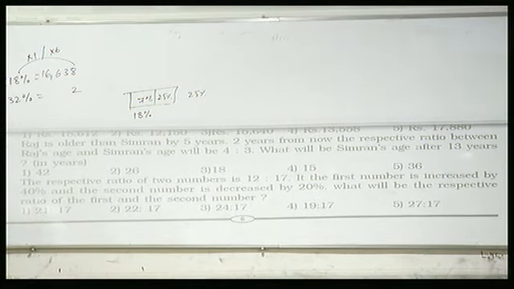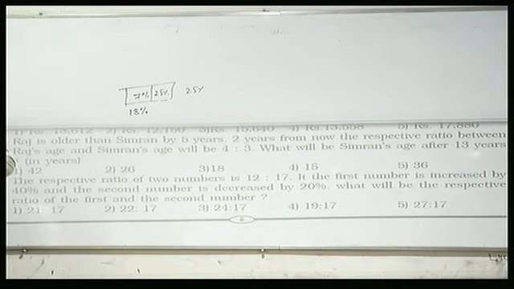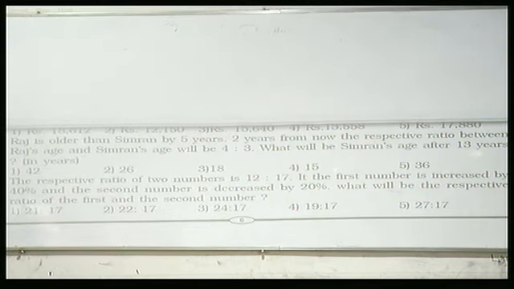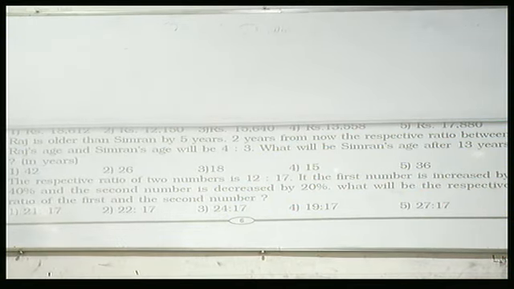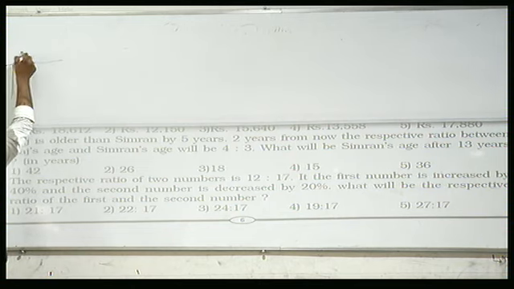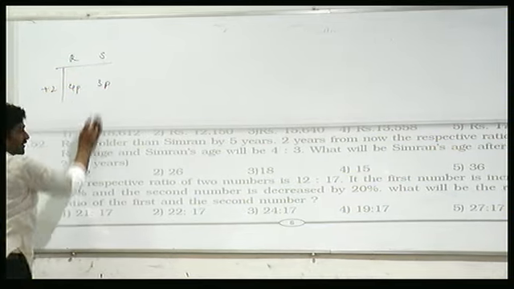Next, Raj is older than Simran by 5 years. So difference of their ages is 5 years. When is that? Anytime. Anytime age difference should be equal to 5. 2 years from now, the respective ratio between Raj and Simran age will be equal to 4:3. So after 2 years, Raj and Simran ages are in the ratio 4:3, and it is 4 parts and then 3 parts.